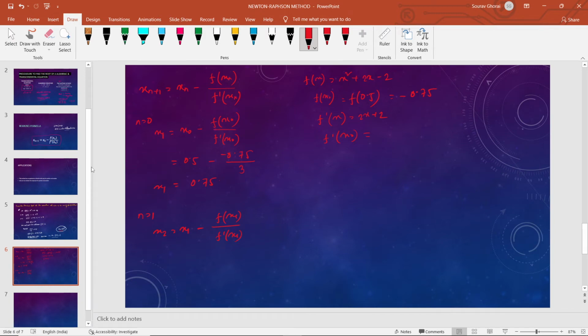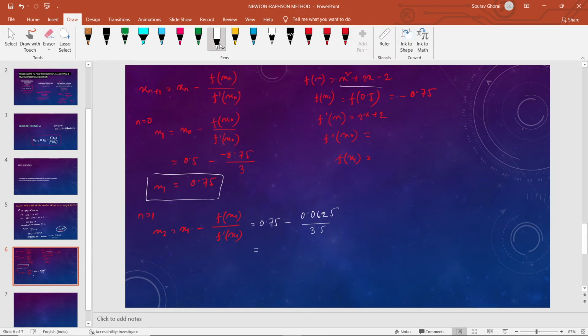Similarly, we have to put everything from here. If we put x1 equal to 0.75 in this equation, f(x1) will be 0.0625, and f dash x1 you will get 3.5.